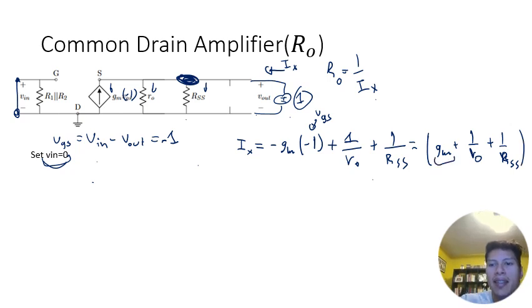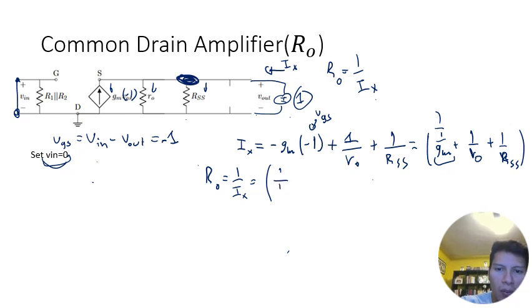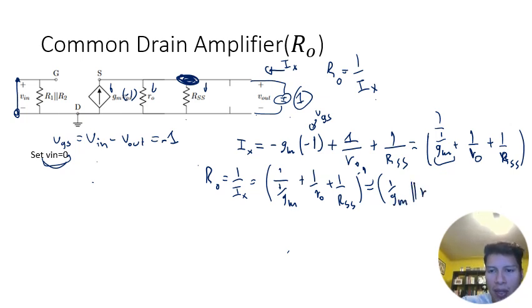And we can always write this in this funky way where GM is actually equal to 1 over 1 over GM. So that now what we're going to get is that RO is equal to 1 over Ix, which is equal to 1 over GM plus 1 over RO plus 1 over RSS, which is actually equal to the negative 1 power, 1 over GM in parallel to RO in parallel to RSS.